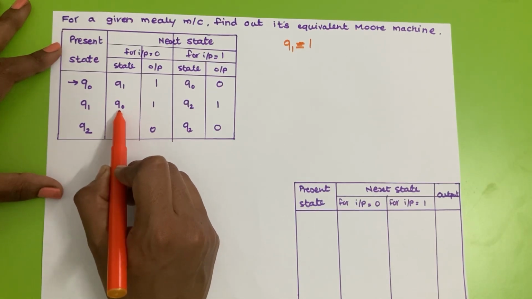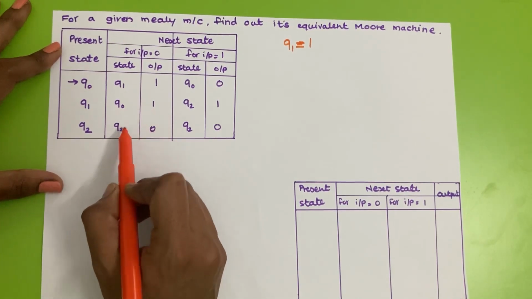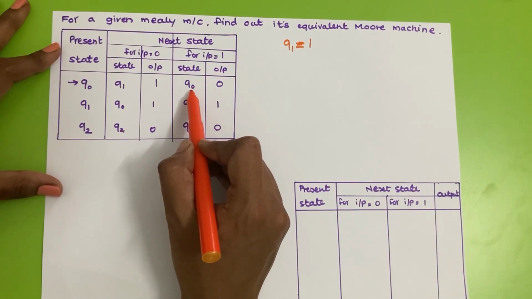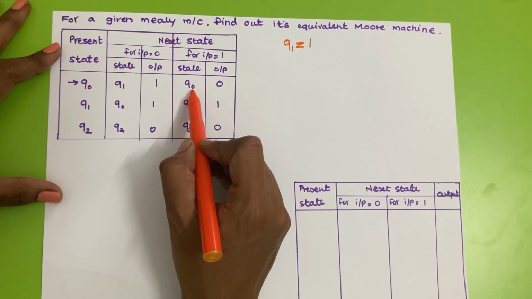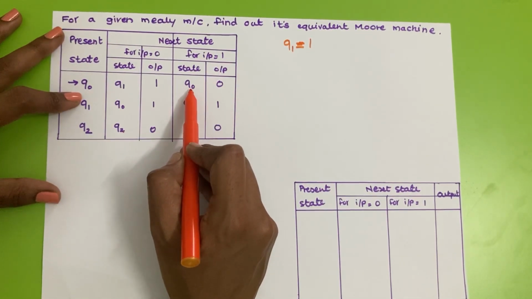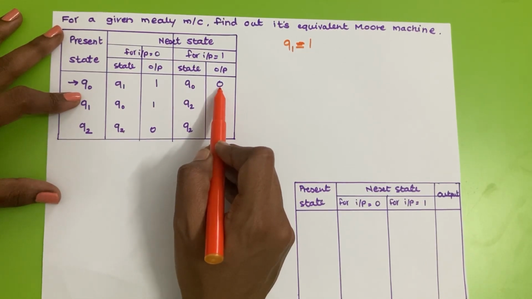Next we'll see the state q0. For q0 here we have the output symbol 1. Now we'll observe the q0 state again. Here I have got another transition for q0, for transition q0 on 1 we have output state q0 but with output symbol 0.